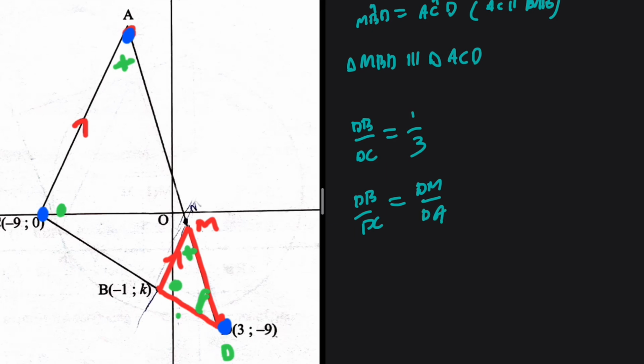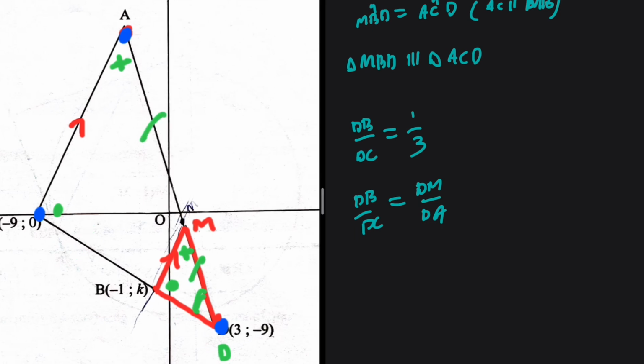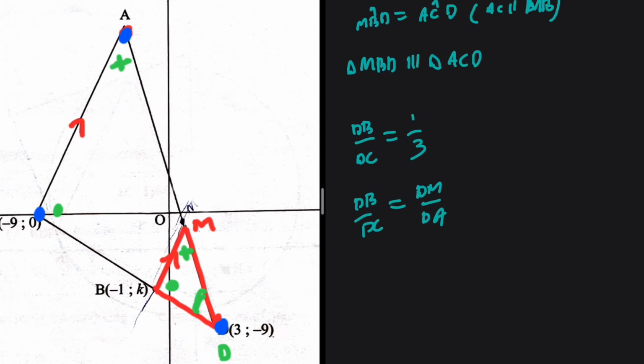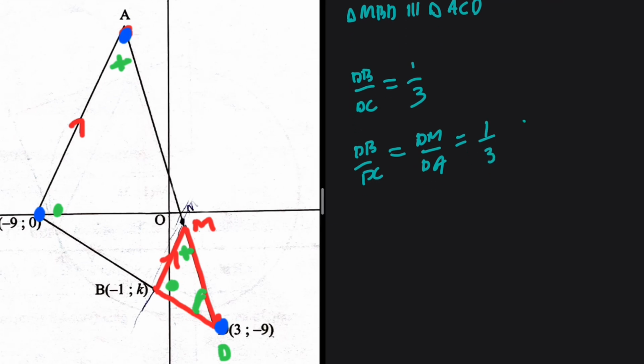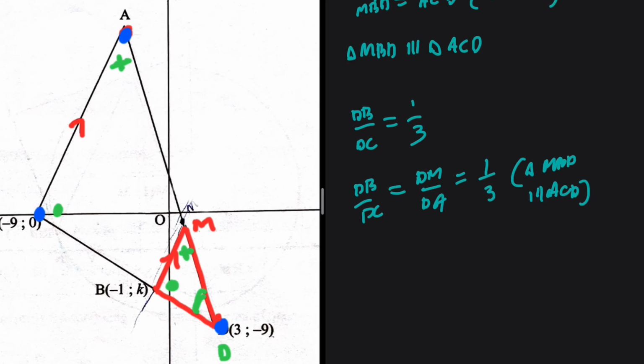Because we said that these divided by these, but now because we know that the two triangles are similar, we can say these divided by this should also be equal to the ratio of the other sides. So this should also be equal to 1 over 3, right? And why are we saying that? Because the two triangles are similar. MBD is similar to triangle ACD. So we've proved that the two triangles are similar and that all the sides will be in proportion.